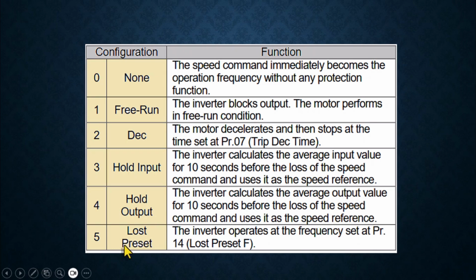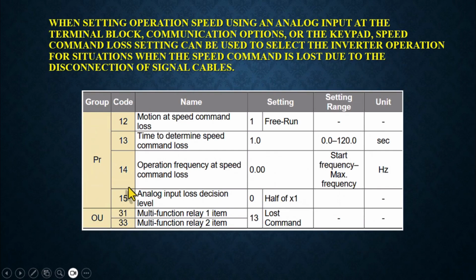The fifth option is lost preset. If you select this option, you must specify in parameter Pr14 what frequency the inverter should operate at when a lost command error occurs.